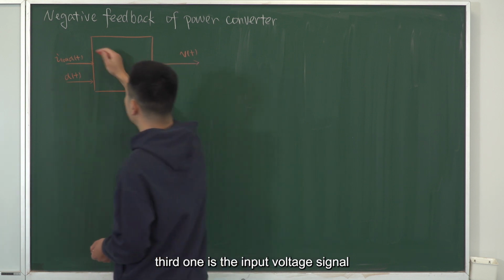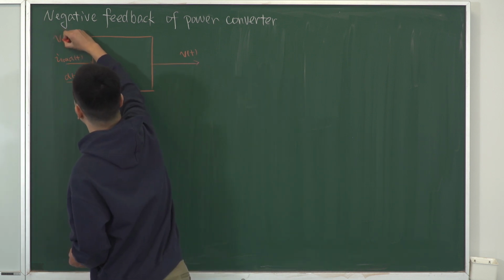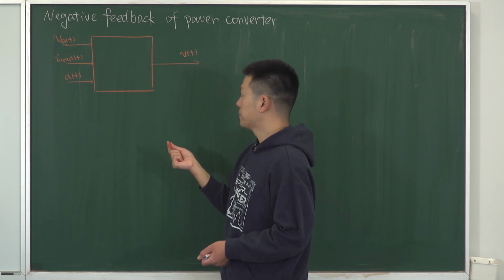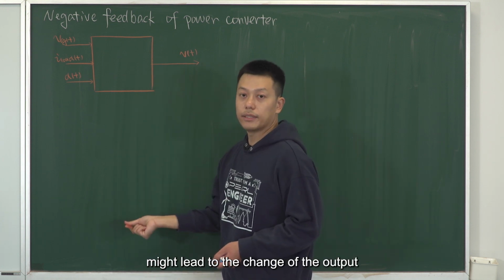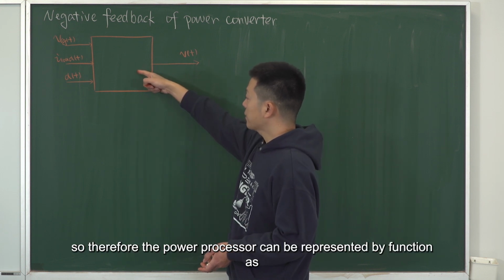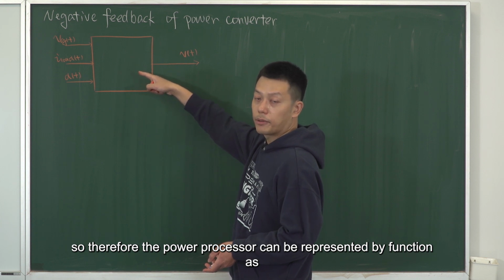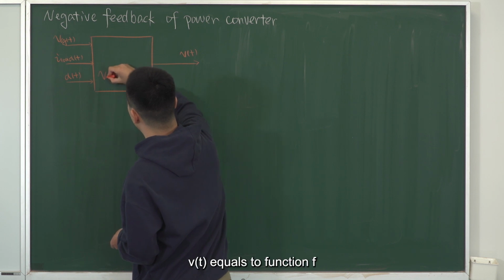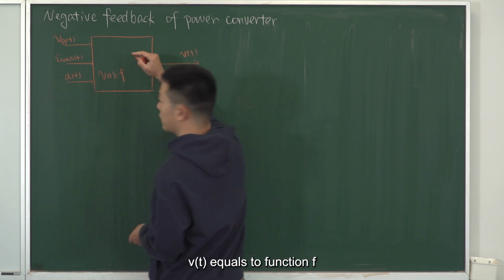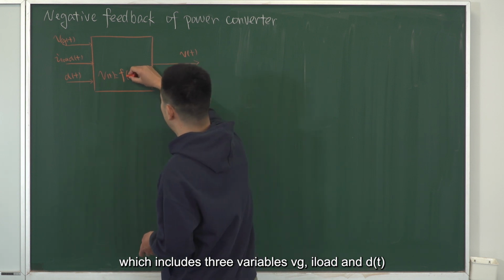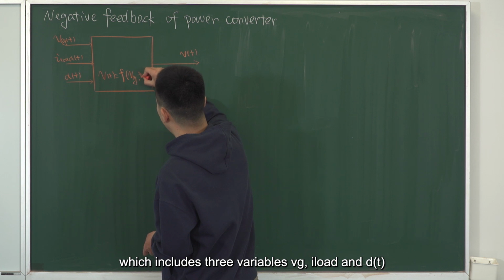Third one is the input voltage signal. The disturbance at the input side might lead to the change of the output. So therefore, the power processor can be represented by a function as Vt equals function f, which includes three variables, Vg, Iload, and dt.